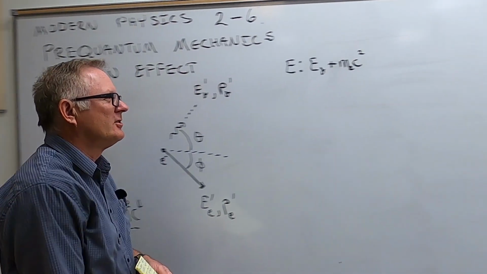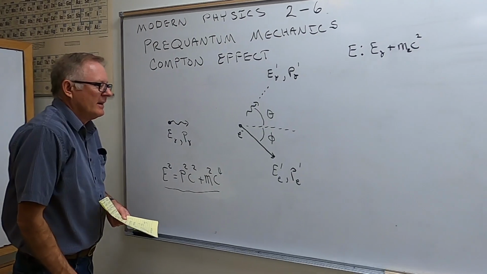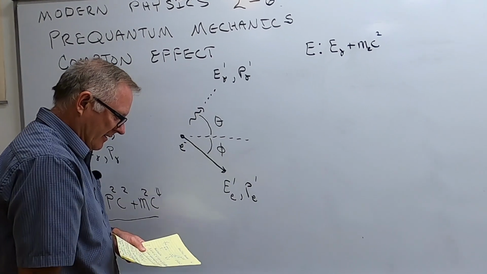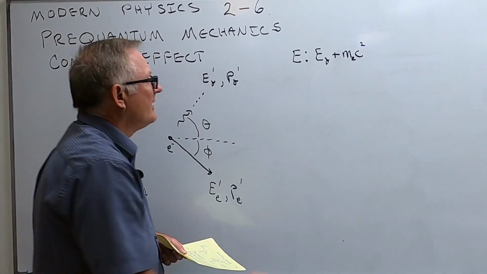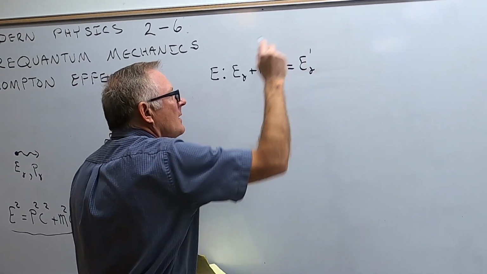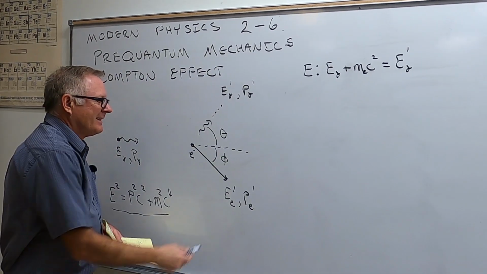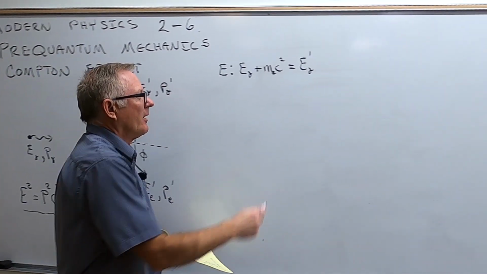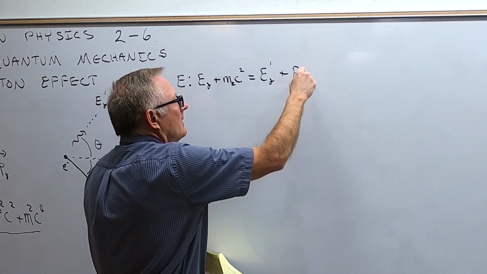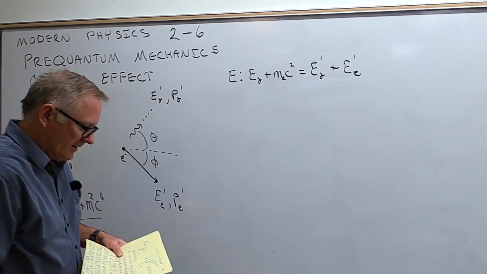So there's the energy before. And then afterwards, it's just the energy of this plus the energy of that: the energy of E gamma prime plus the energy of E electron prime.